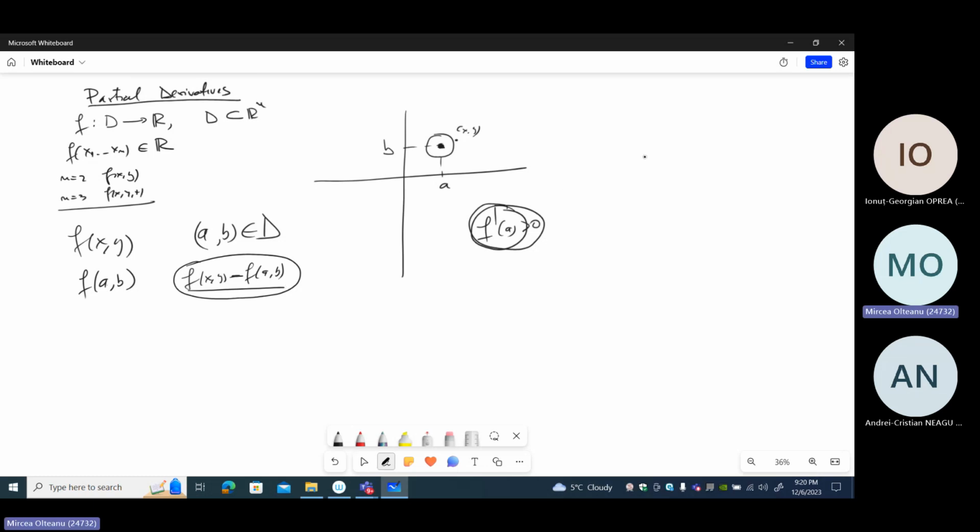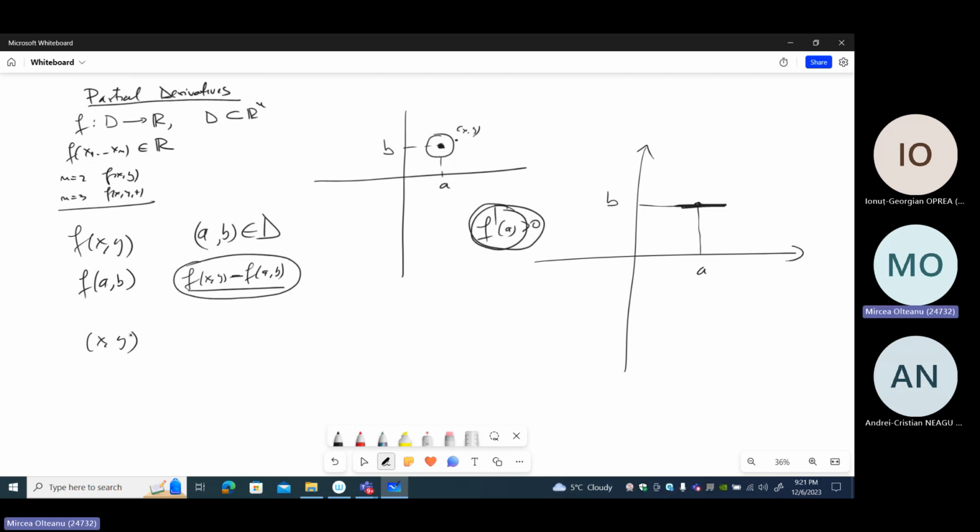To see what happens in directions which are, for example, parallel with the axes of coordinates. So we shall consider the following situation. We are at the point (a, b), and now (x, y) is moving around (a, b), but it is moving in a particular way, like this.